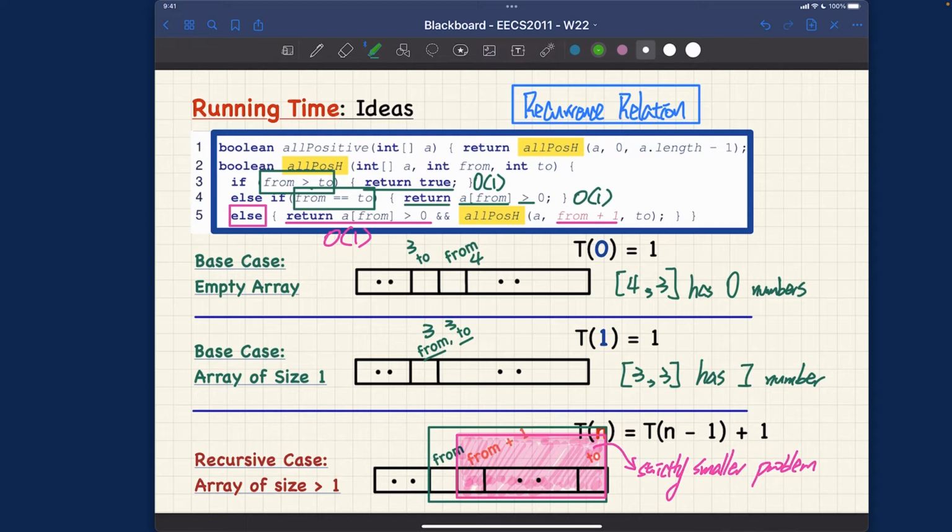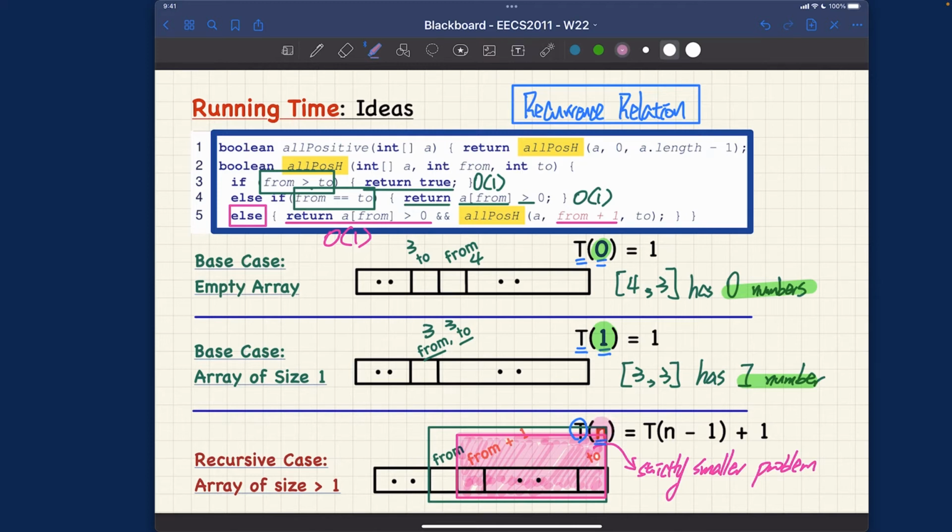It's a function called T, and what's inside the T is the input size, or you can think about it as the range of indices, the range of the array size that you have to consider. So we have 3 cases: 0, empty array, empty range, and 1, that means only a range of 1 number, and then n over here.